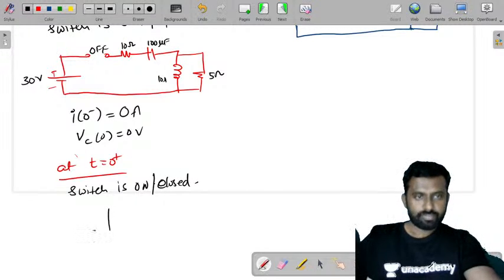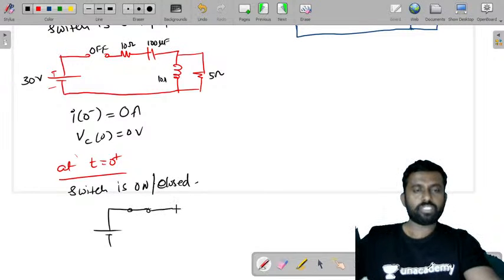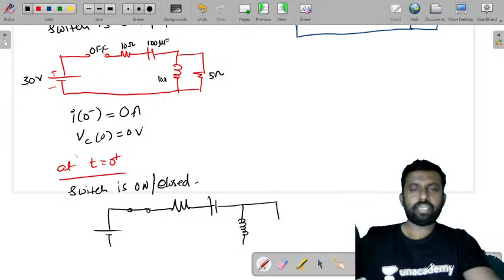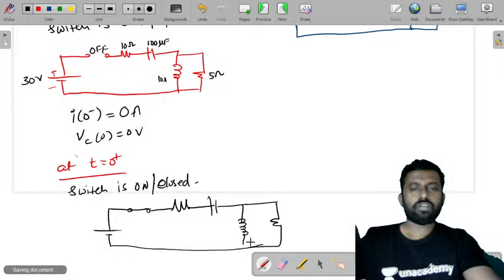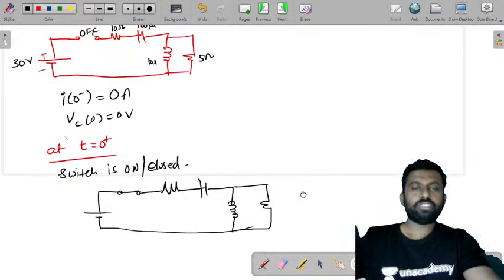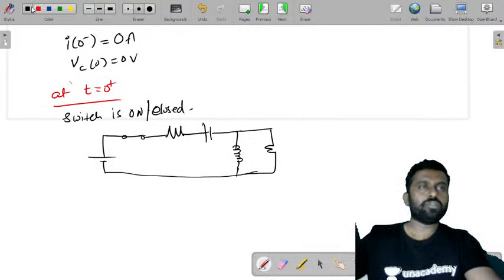So you have a source, the switch is closed, a resistor, capacitor, an inductor and a resistor. Now the switch is closed. Let's write these values also.